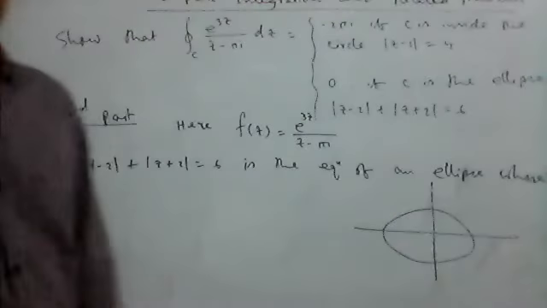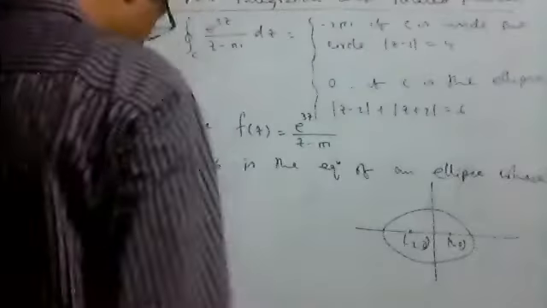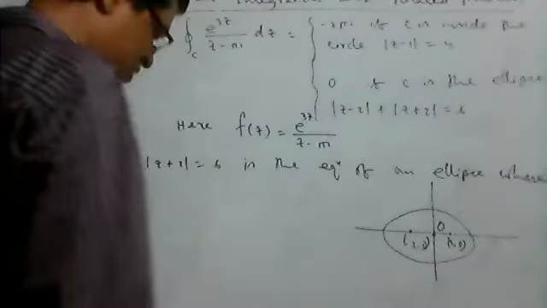So it has two foci. We know an ellipse has two foci. Here one is 2, 0 and another one is minus 2, 0. Okay, this is the center and the coordinate of the center is 0, 0.